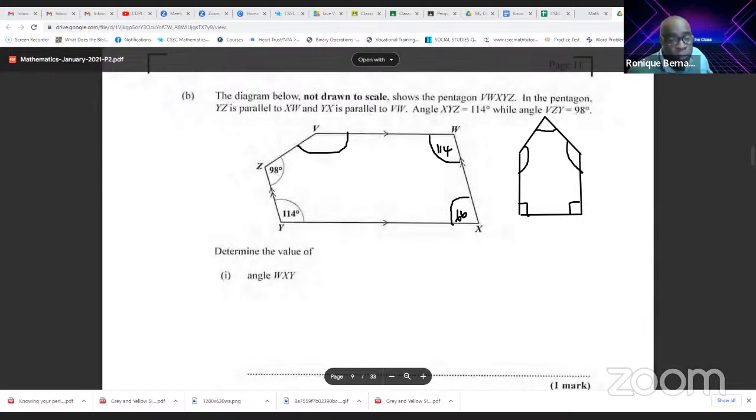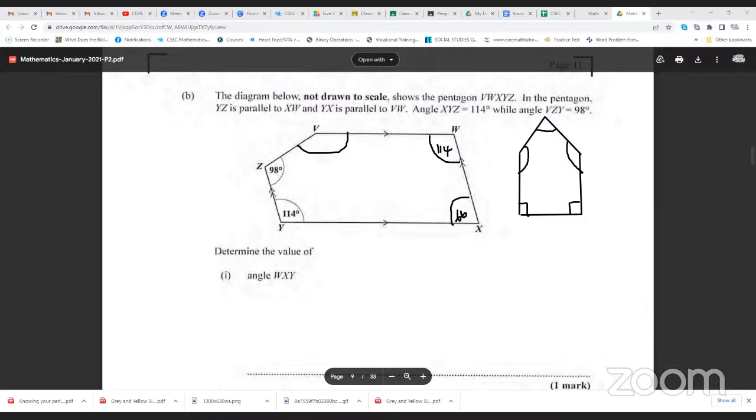So I'm giving you the opportunity to practice some techniques that you can use while you're in the exam to navigate your way through the question. That's all I'm doing. Ensure that you follow the instruction. All right, folks? Okay.